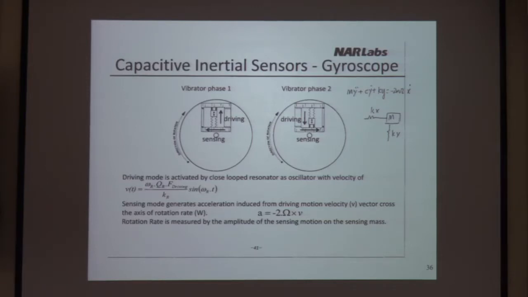Angular velocity cross velocity. I used several sentences to explain Coriolis force.